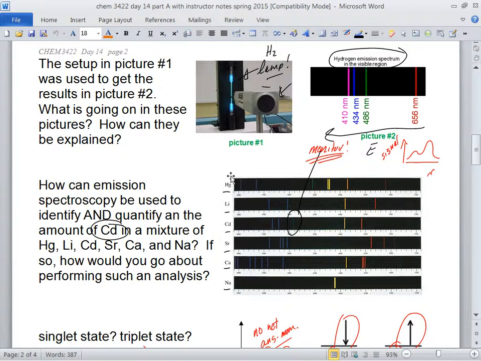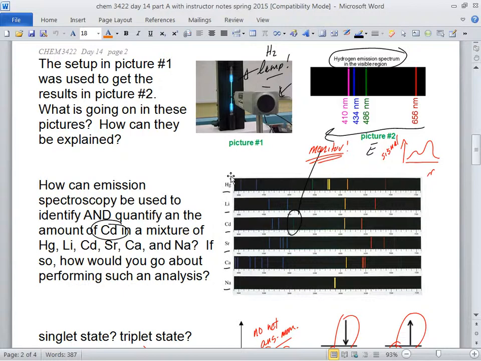Now, one thing that we're going to see is, are these molecules or atoms, Andrew? These are atoms. Atomic emission spectroscopy gives really sharp lines. Atoms are sharp; molecules are not, and we're going to see that. A molecule's emission spectrum looks pretty much like an absorption spectrum. It's just shifted to the red.